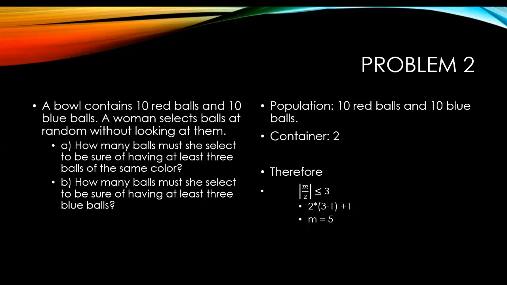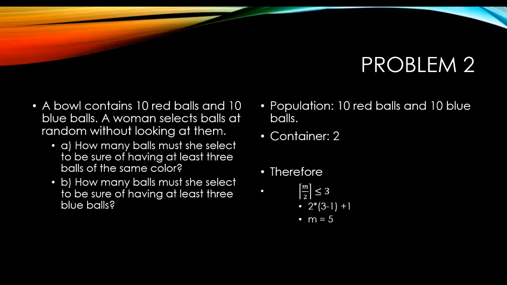Why? It can happen that the first 2 balls will be red, then the next 2 balls will be blue. So we have 4 already. On the 5th, since there are already two red and two blue, it will be either red or blue, and one of these colors will have 3 balls. So the worst case scenario is drawing 5 balls.